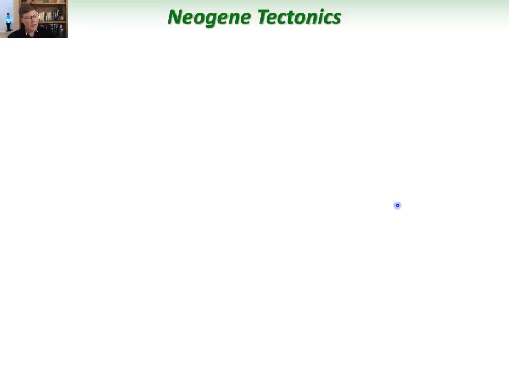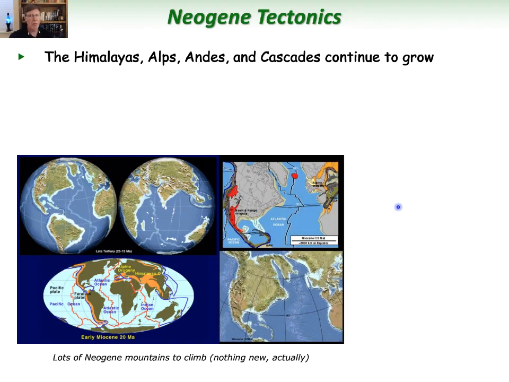Neogene tectonics: a continuation of the mountain building processes in the Himalayas and the Alps, continent-continent collisions going on there. The ocean-continent convergent boundaries of the Andes and the Cascades are also continuing.